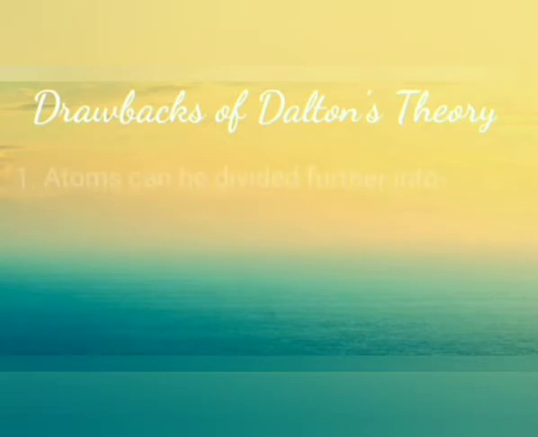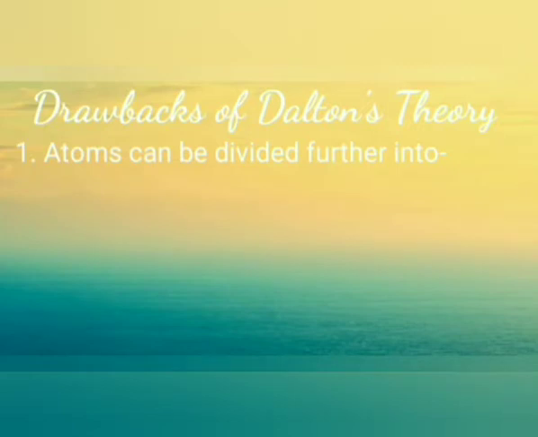Till now, we have studied Dalton's atomic theory, but because of the experiments done by other scientists, it was found that the atom can be further divided into very small particles, electrons, protons, and neutrons, which reside inside an atom. This discovery was done by many scientists like J.J. Thomson, Goldstein, and Chadwick.